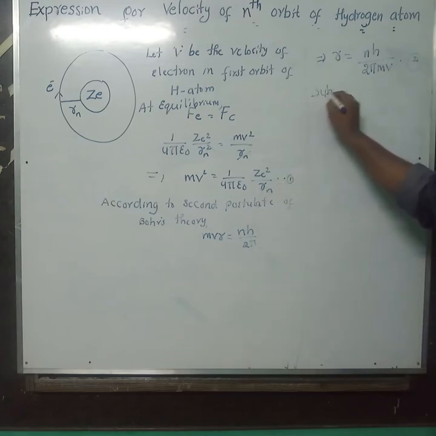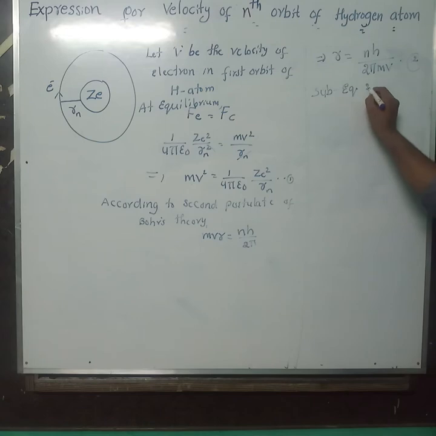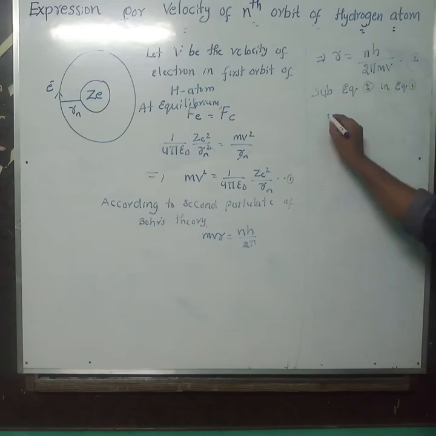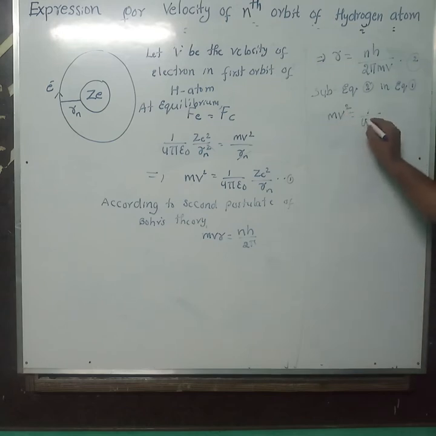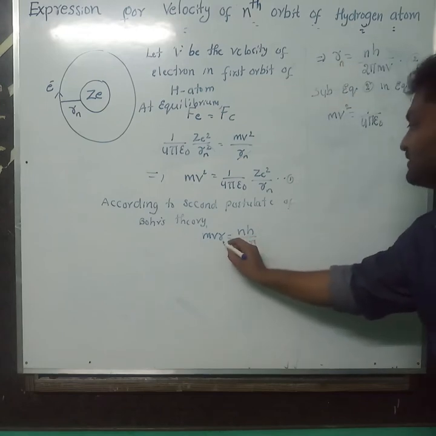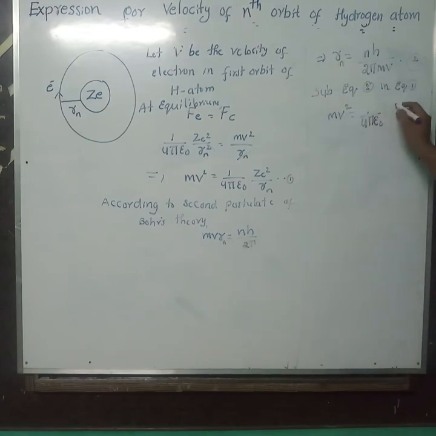Let's see. Substitute equation 2 in equation 1. What do you get? mv square is equal to 1 by 4 pi epsilon naught, here this is also Rn and this is also Rn. What do you get here? Z e square by Rn, nh by 2 pi mv.